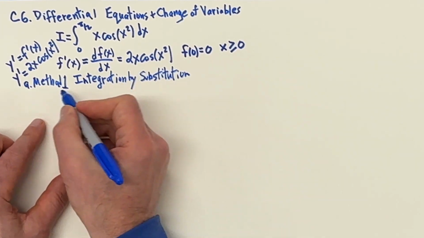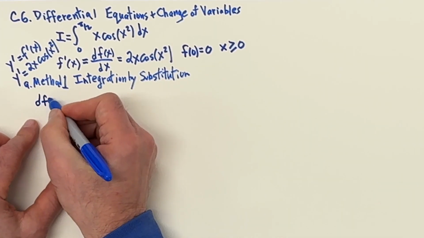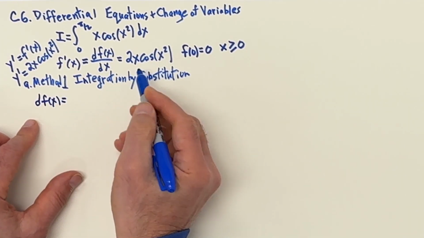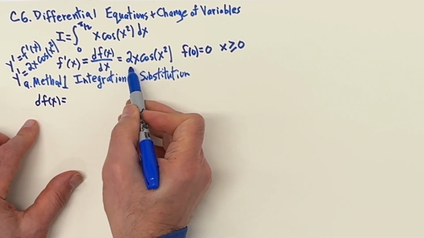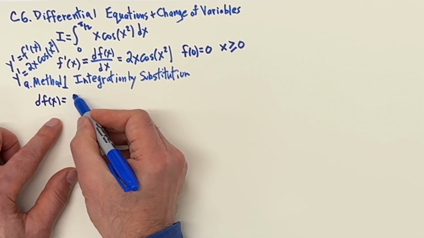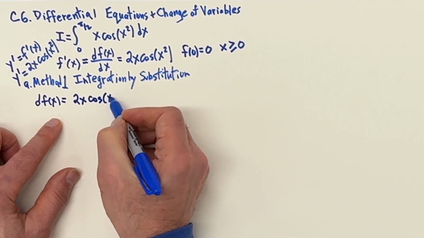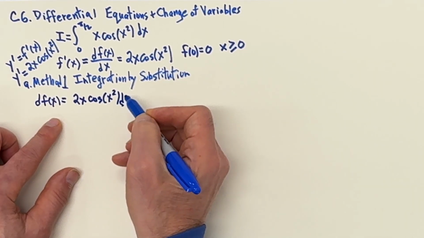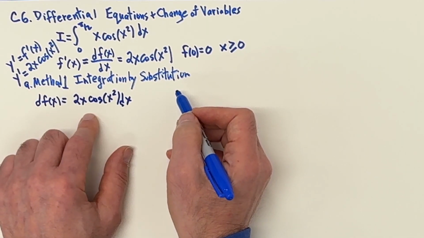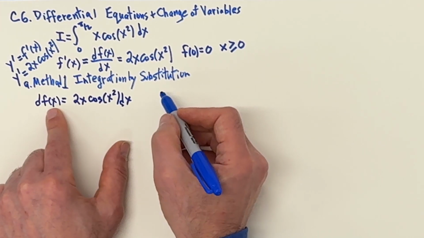We write this down as df of x is equal to 2x cosine x squared dx. And we would like to integrate.